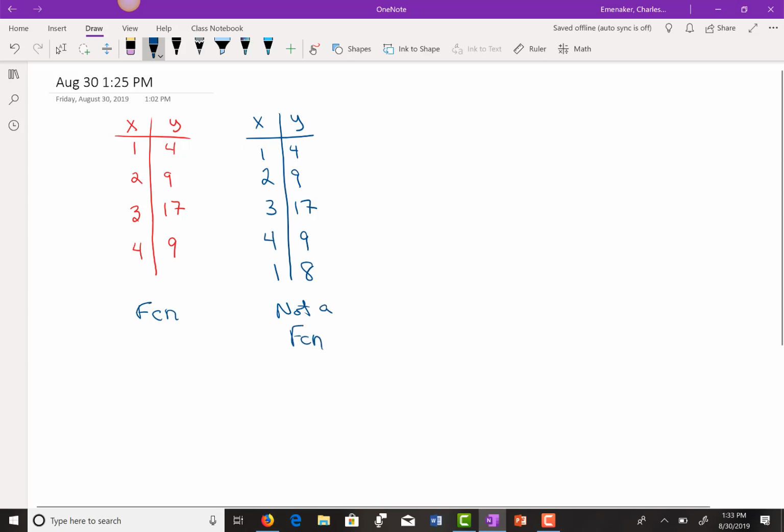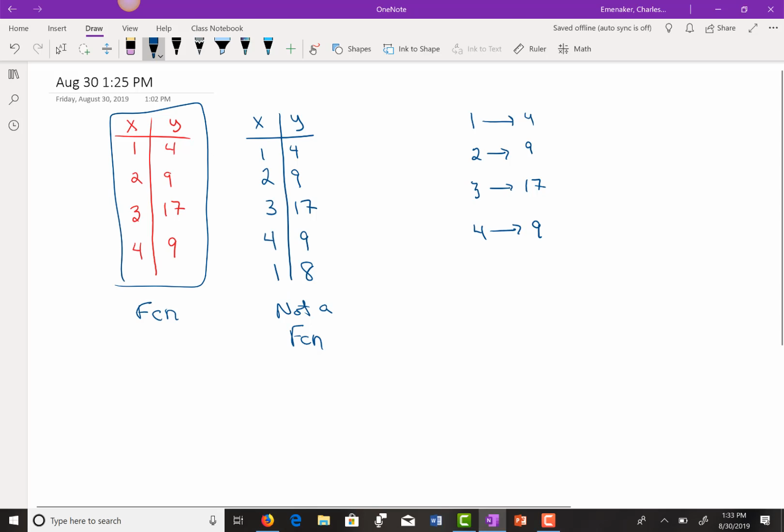The difference is, in this first illustration, each x value gets how many y values? 1. So in this first illustration, 1 goes to 4, 2 goes to 9, 3 goes to 17, and 4 goes to 9, but that's okay, because each x value is only given one assignment, isn't it?